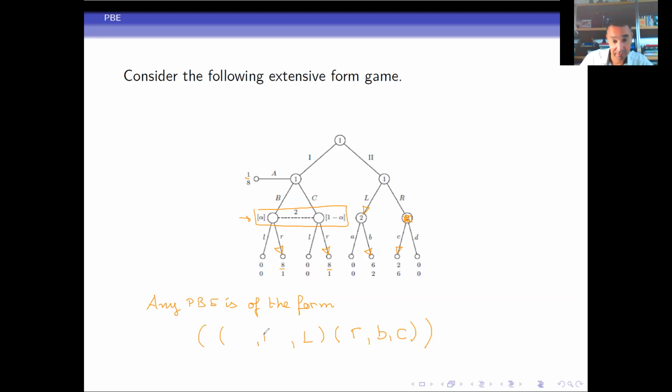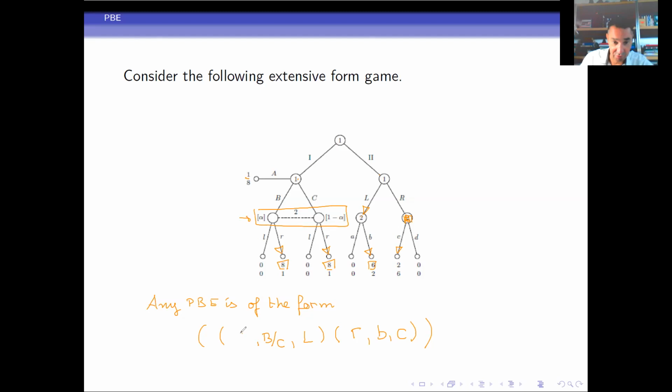So we can choose any combination thereof. And then should he choose 1 or 2? Well, if he chooses 2, then we go here and we go there, and he gets a payoff of 6. While if he chooses 1, then either he chooses B or C, and in both cases he gets 8.